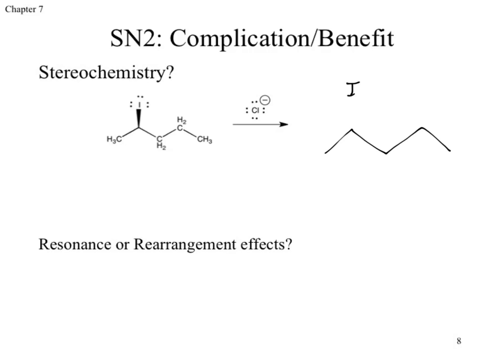Where should the chloride be? If it's where the iodide was, this would be our product. It must come in from the backside. So if our iodide is coming at us, the chloride must be going away.